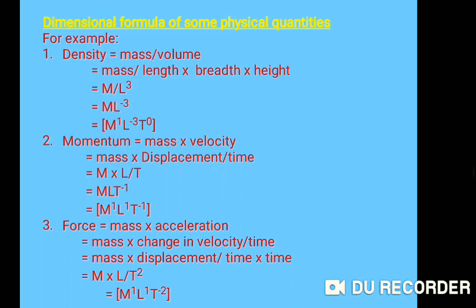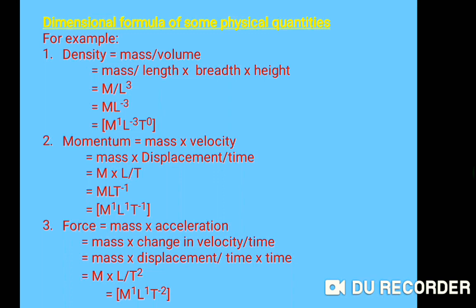Now second is momentum. The general formula of momentum is mass into velocity, and the general formula of velocity is displacement upon time. Mass is termed as M, displacement is measured in centimeter or meter so it is termed as length, and time is t.